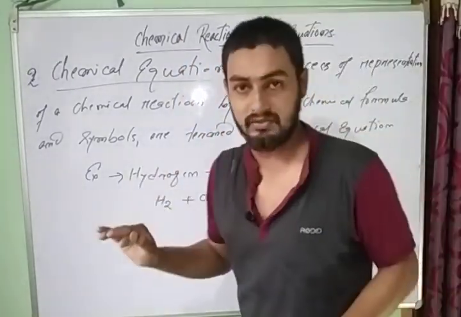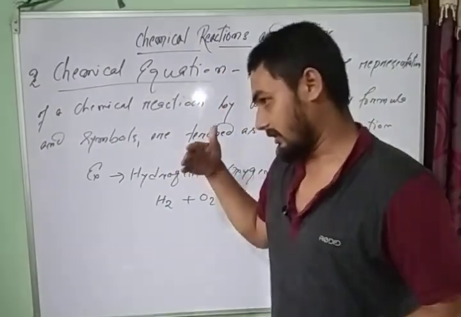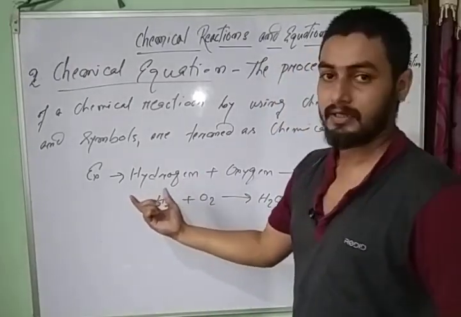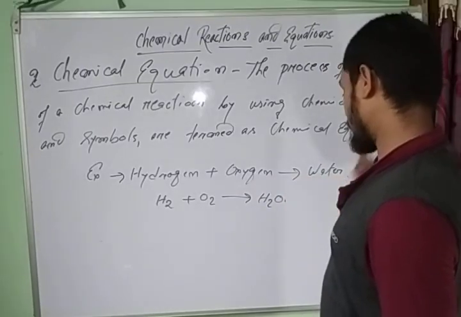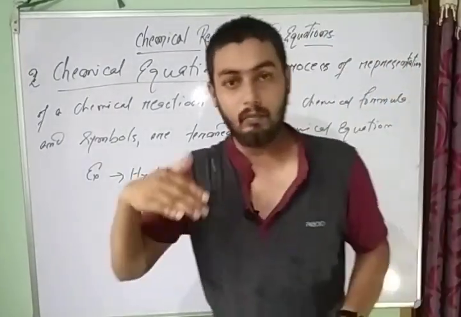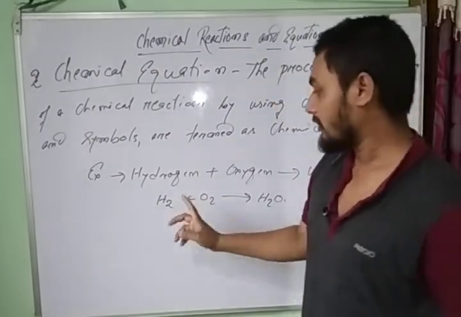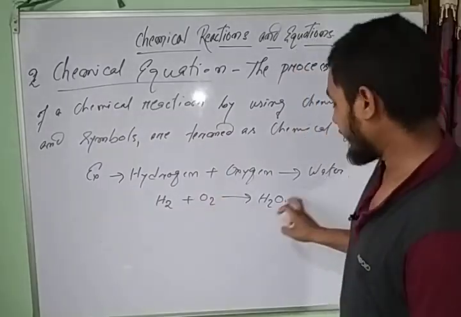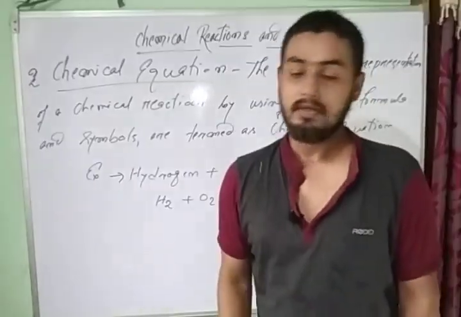Instead of using a sentence, we can represent this reaction simply by using words, and it will stand like that: hydrogen plus oxygen produces water. And in a more concise way, we can represent this equation also by using the formula of hydrogen, the formula of oxygen and the formula of water. So this is all about the chemical equation.